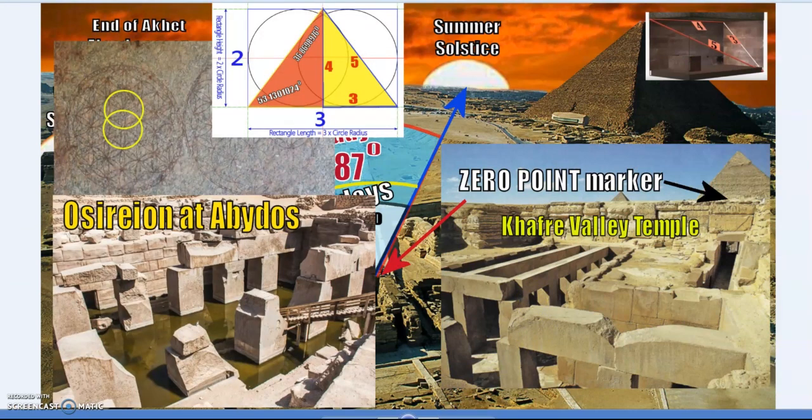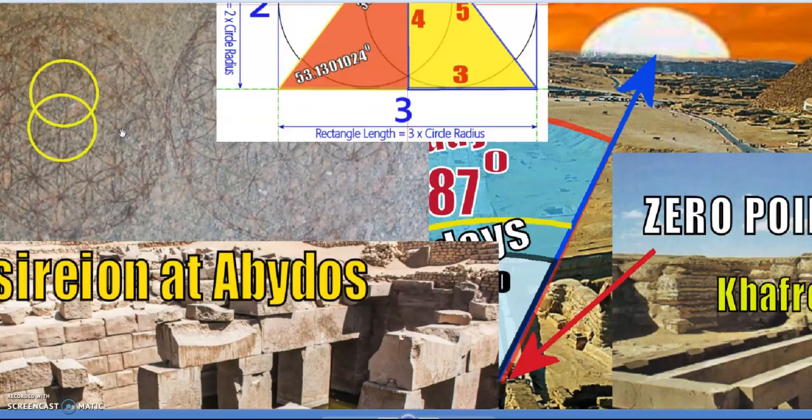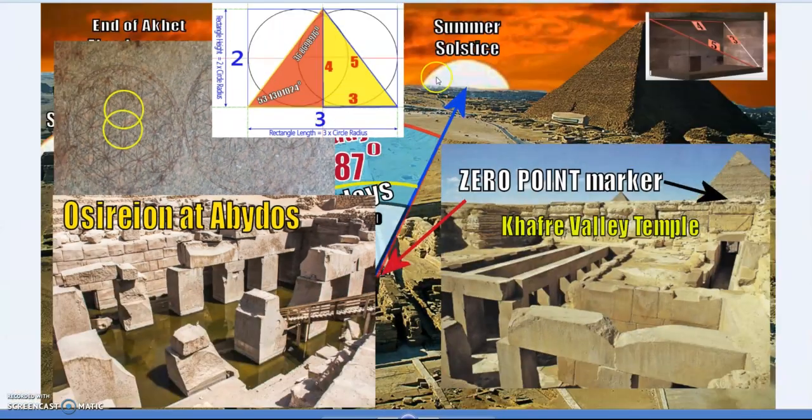Where we'll also see that is in the Osireion, where the only decoration is the flower of life, which describes a geometry which will allow us to unlock this larger pattern. And that begins with very simple, beautiful geometry of the vesica, which gives us the angles of Khafre's pyramid to start off with.